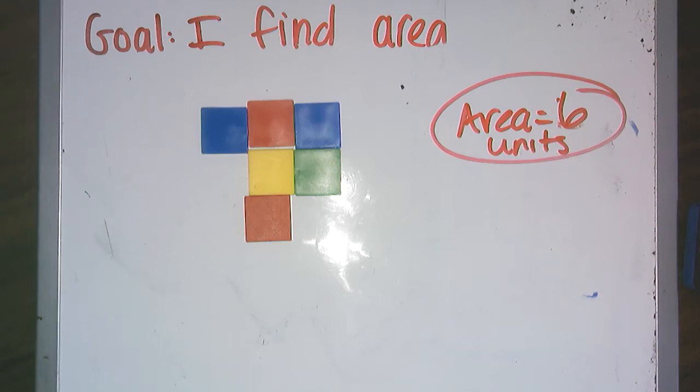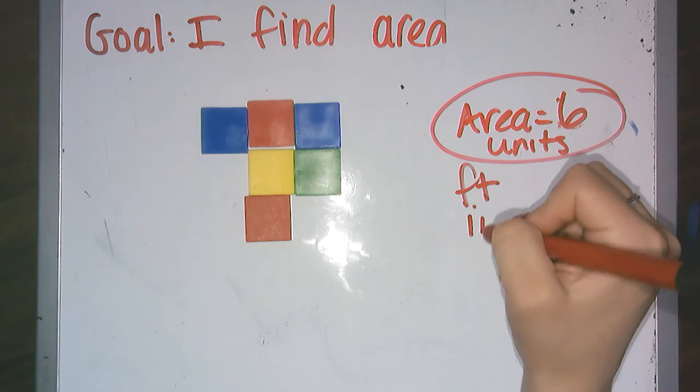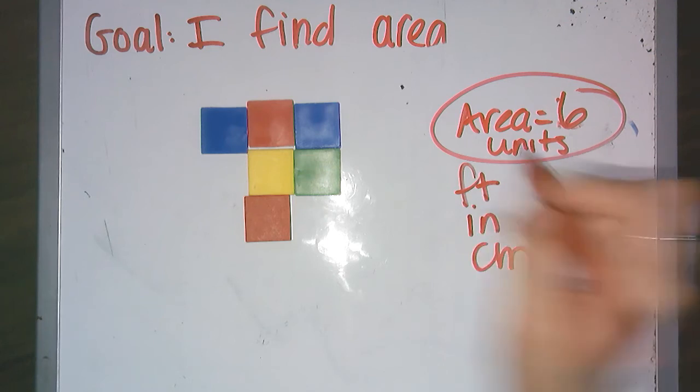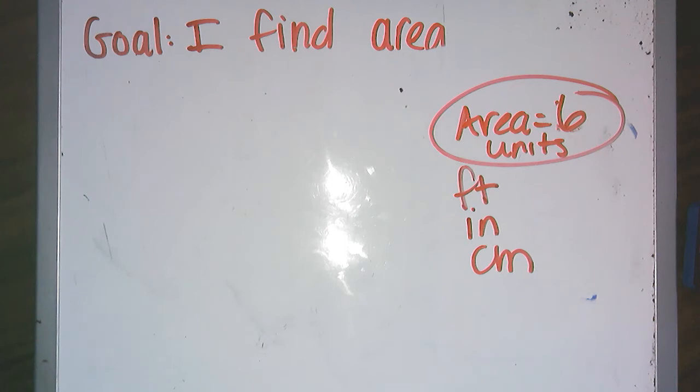Now, units vary based upon what shape it is, what it looks like, and the actual abbreviation. So feet, inches, centimeters. So let's go back to the rectangles that we know.